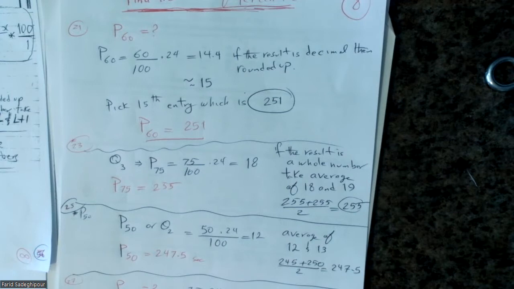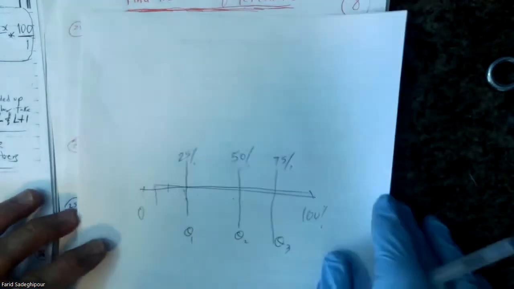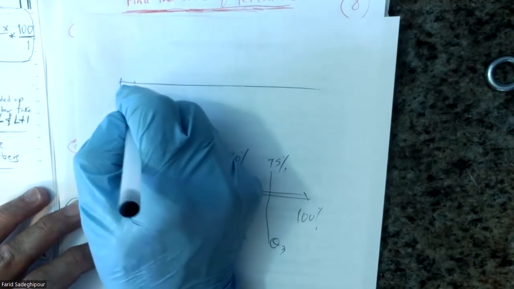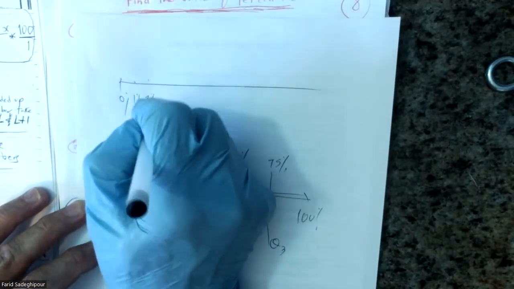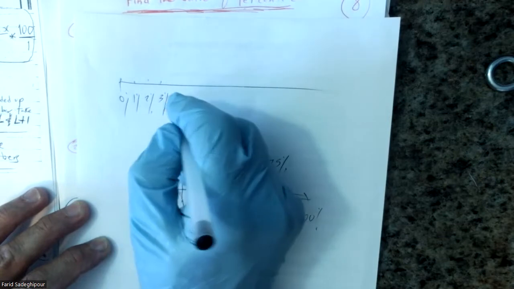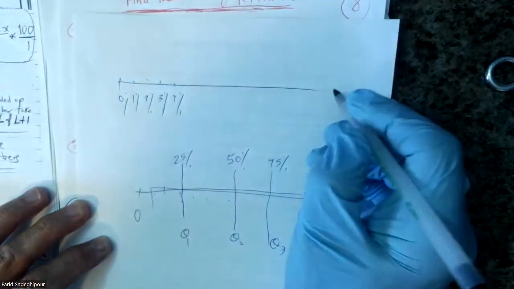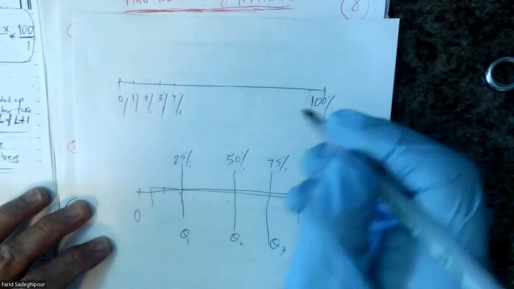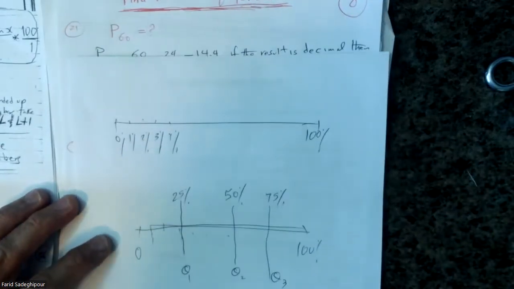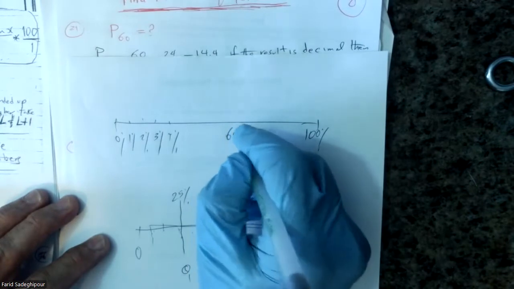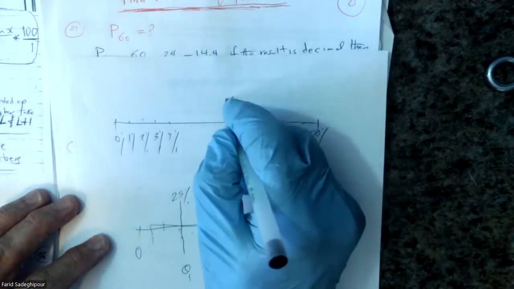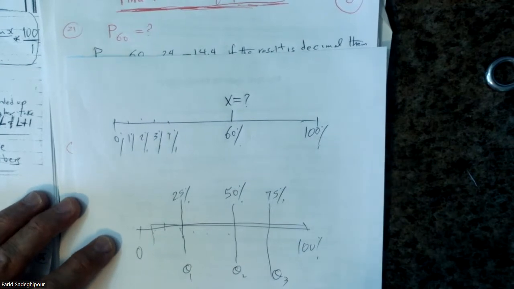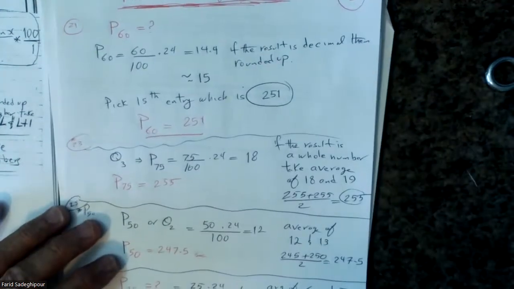Means when you have all these numbers lined up, when you have the 60th percentile, what number is there? What number is located at the 60th percentile? That's what you're asking here.